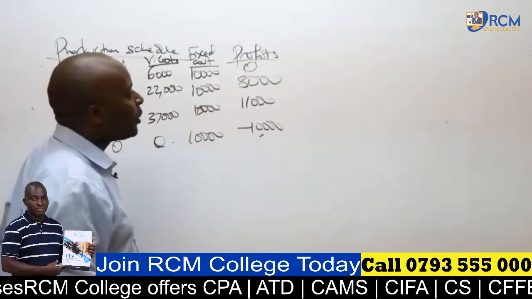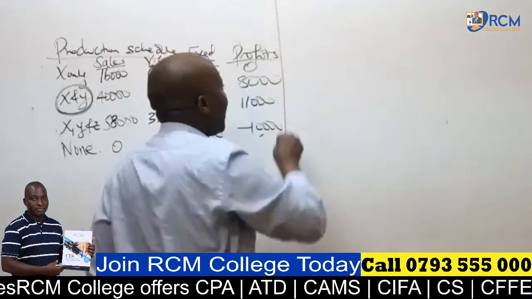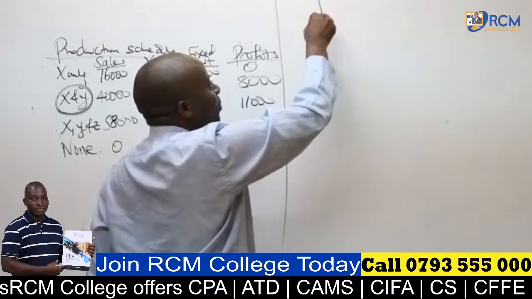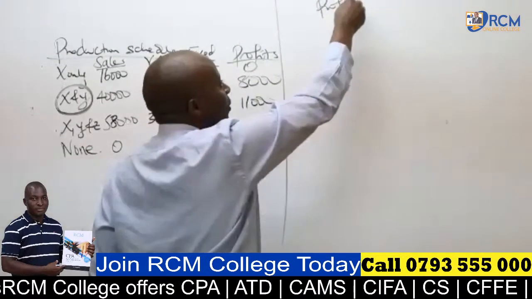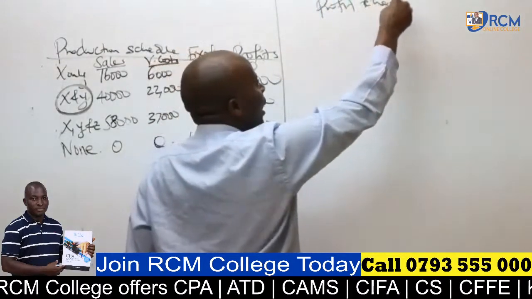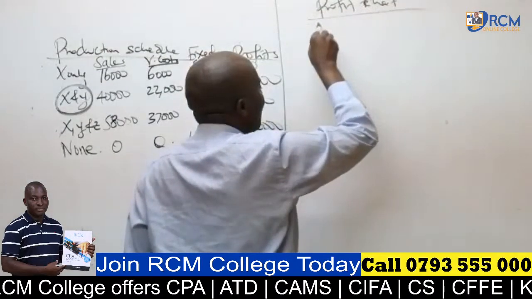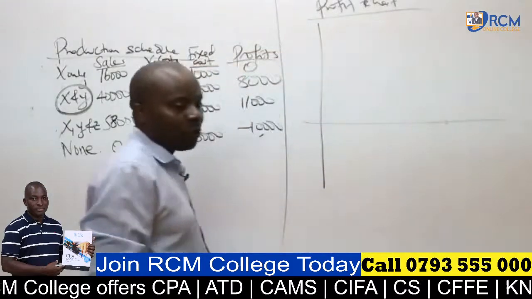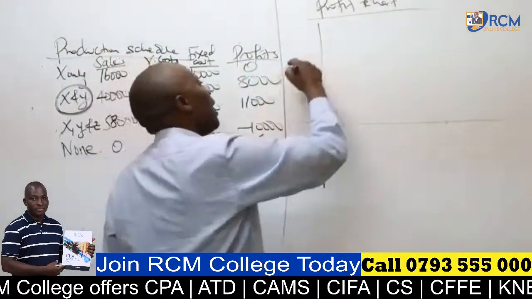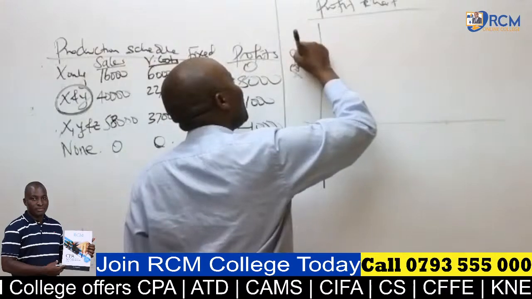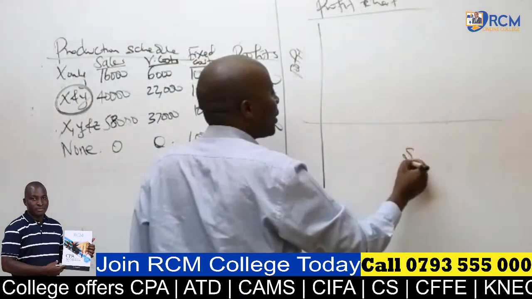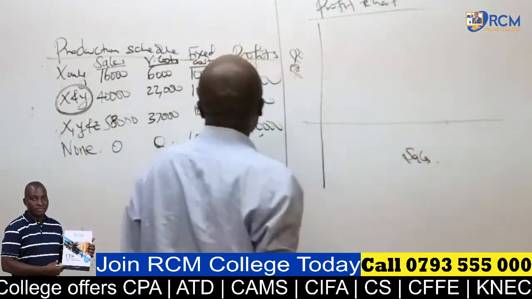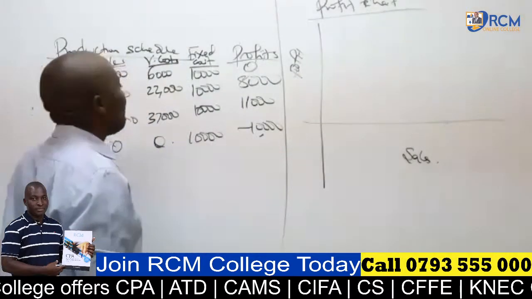Now, ladies and gentlemen, what I would want us to do tonight is to draw our profitability chart, our multiple profit chart. Remember, we normally put profits on this axis and sales on the other axis.